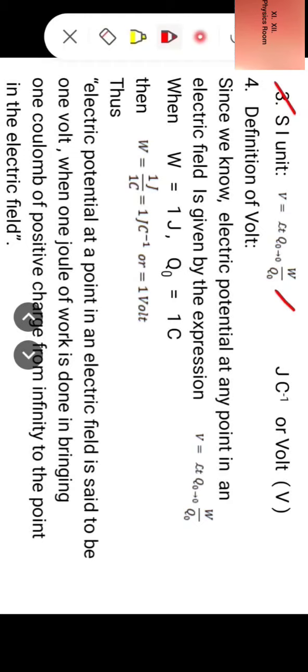So joule divided by coulomb. So it becomes joule per coulomb or volt.